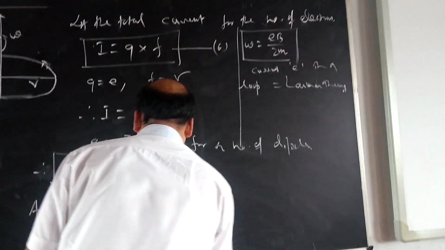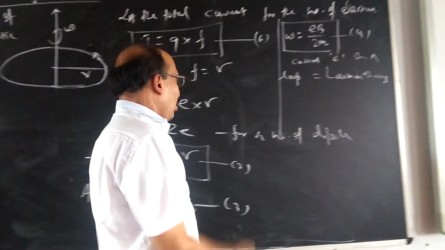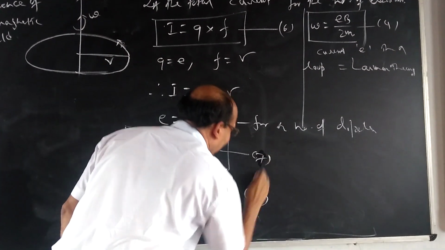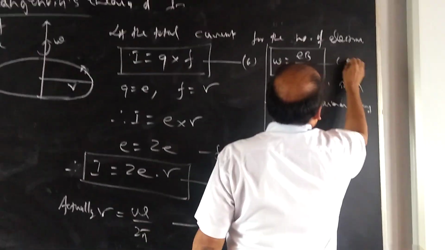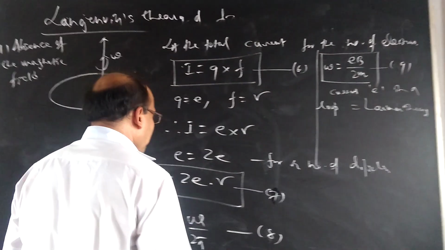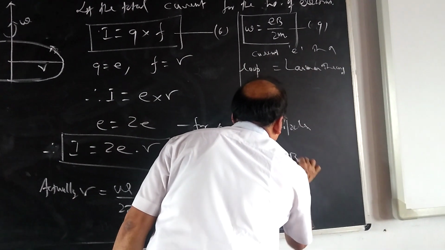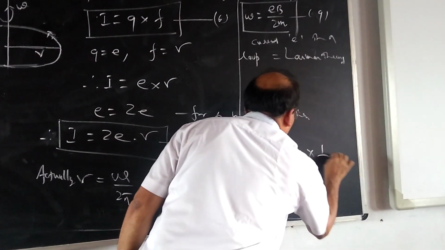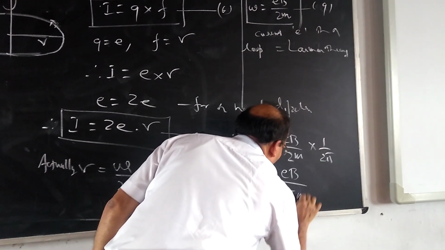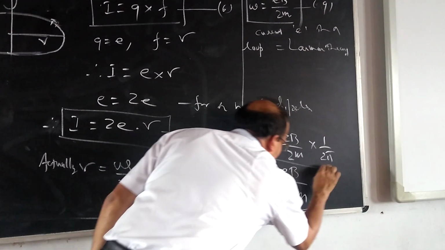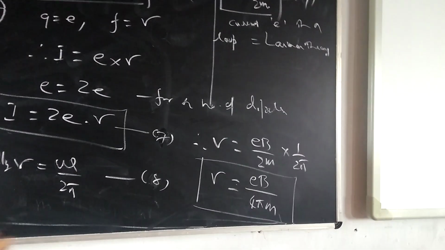So I can call this equation 7, this equation 8, and this equation 9. So therefore, nu is equal to eB upon 2m into 1 upon 2 pi, that is eB upon 4 pi m. This is the value of the frequency in the presence of the magnetic field.